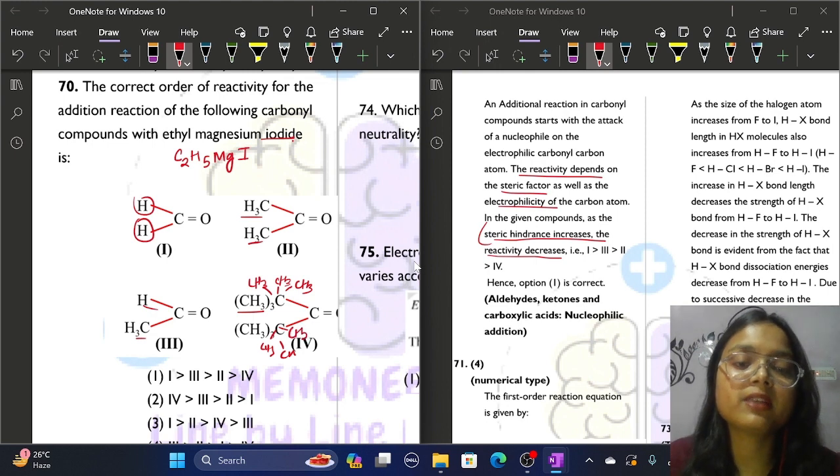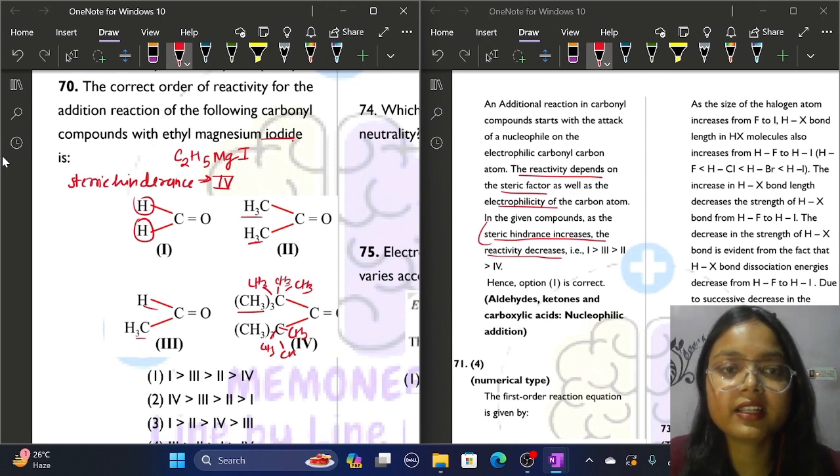The fourth is the bulkiest one, so the steric hindrance will be greatest in 4. So let's write the order of steric hindrance first. The fourth one has the greatest steric hindrance.